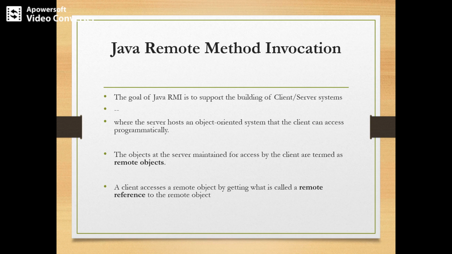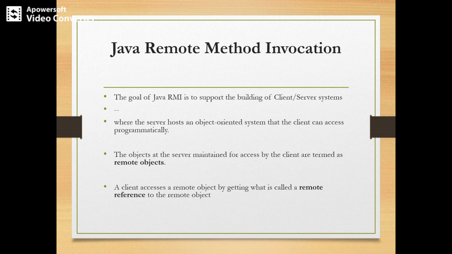The objects at the server maintained for access by the client are termed remote objects. A client accesses a remote object by getting what is called a remote interface. After that, the client may invoke the methods of the object.